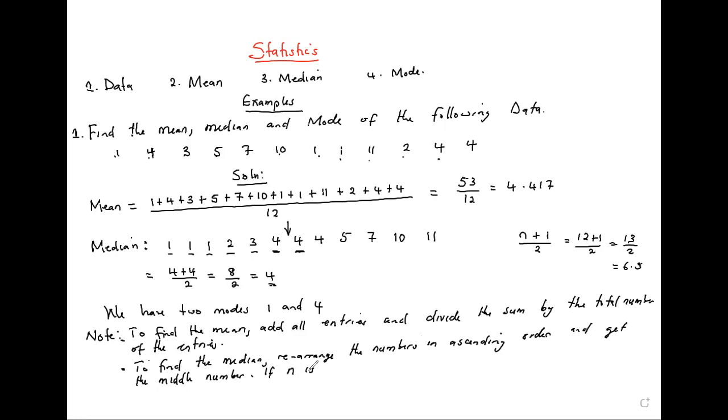If n is even, get the mean of the two median numbers.